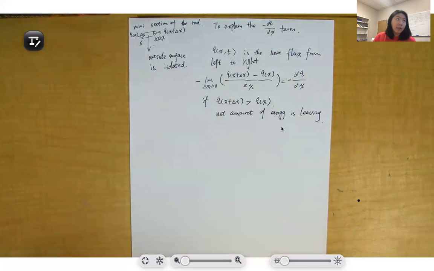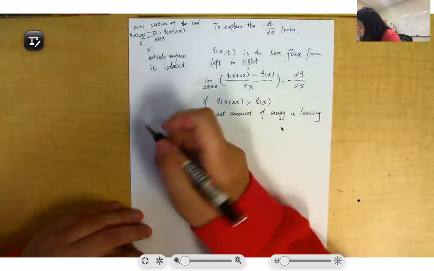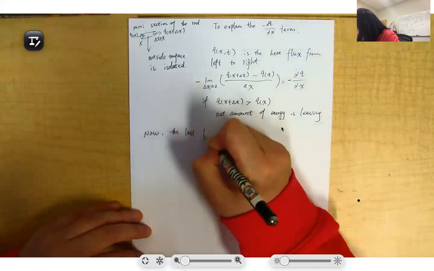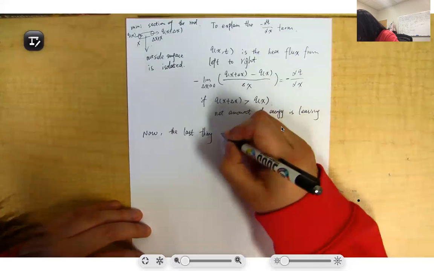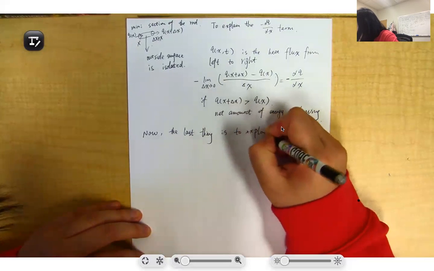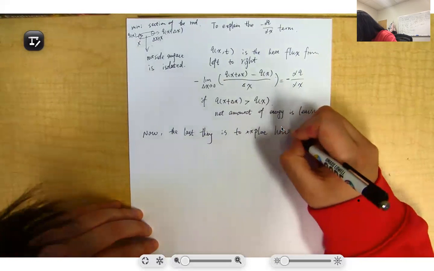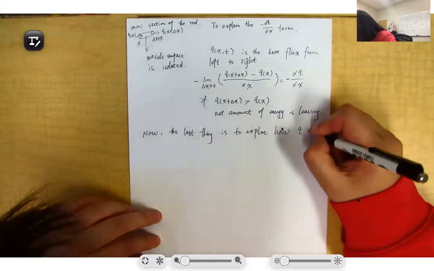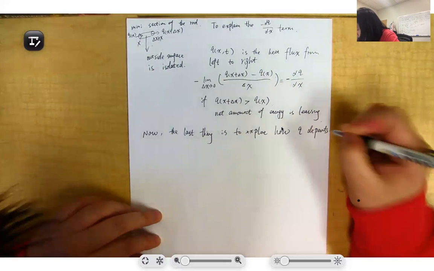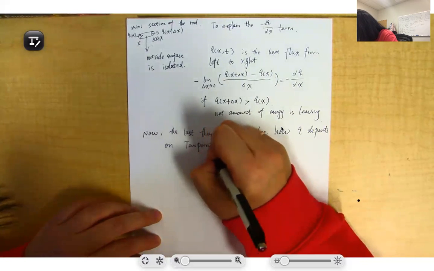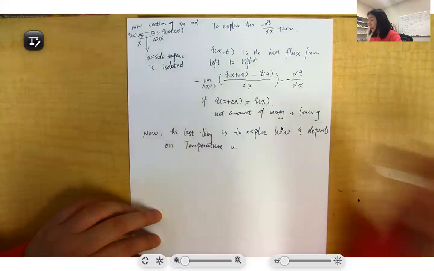So we have to find a relationship between Q and U. So now the last thing is to explore how Q, which is the heat term, depends on temperature U.